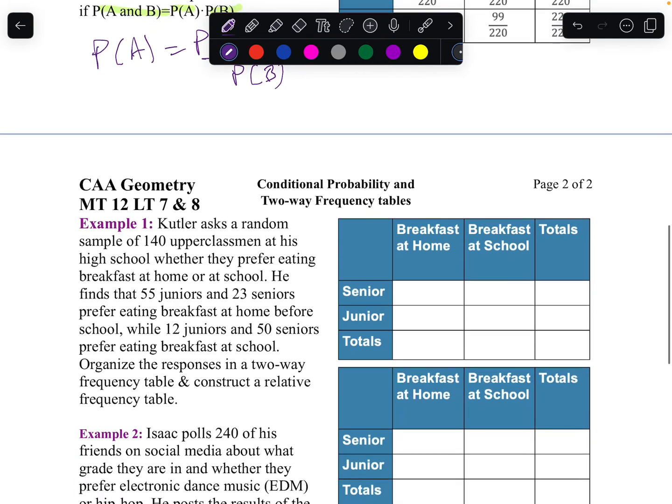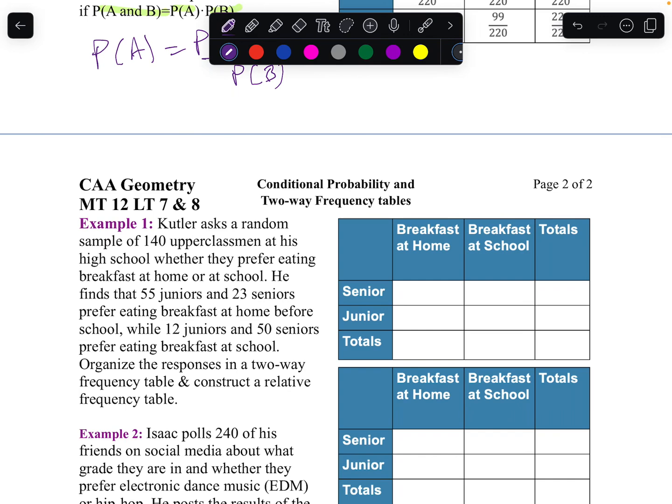Now on the first one, an example, we're just going to fill this in. We have Cutler. He asks a random sample of 140 upperclassmen at his high school whether they prefer eating breakfast at home or at school. He finds that 55 juniors and 23 seniors prefer eating breakfast at home.